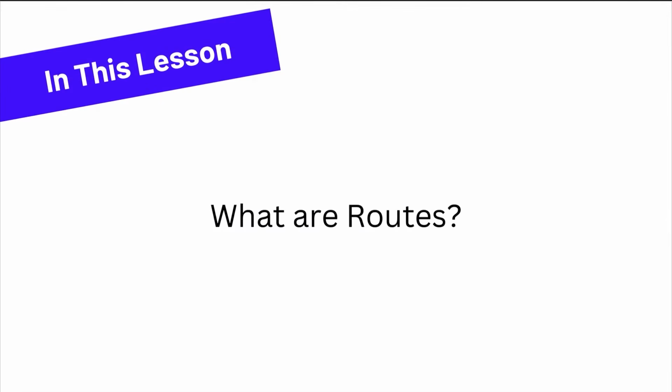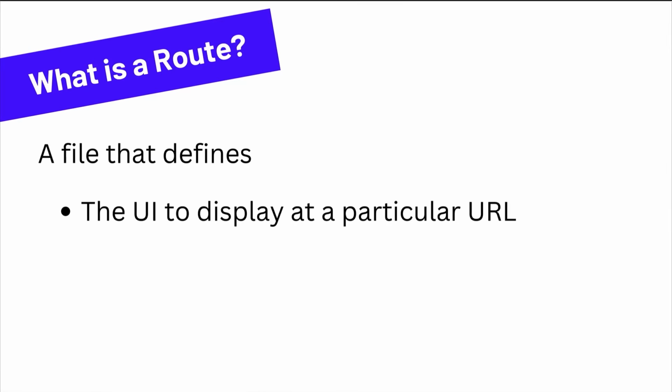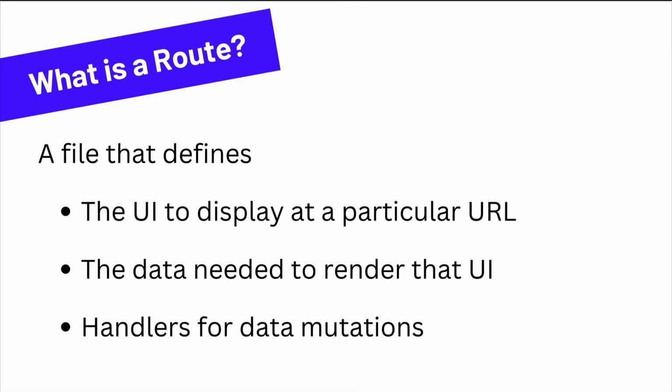In order to use React Router effectively, you have to understand routes. Routes are the fundamental building blocks of any React Router app. In React Router's framework mode, a route is a file that defines the UI to display when a user visits a particular URL, the data needed to render that UI, and then handlers for data mutations, among a few other things.